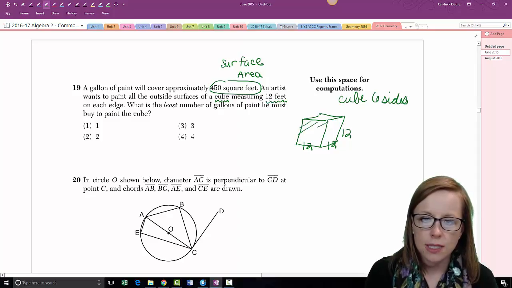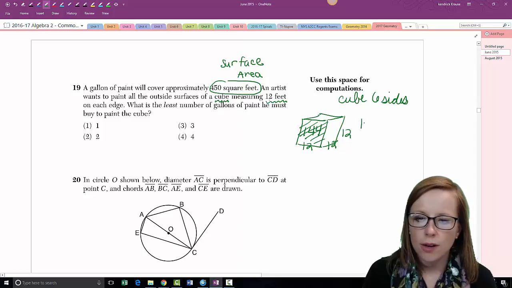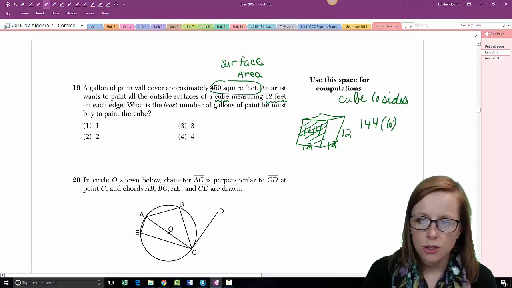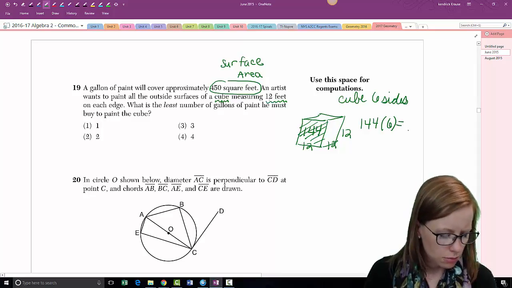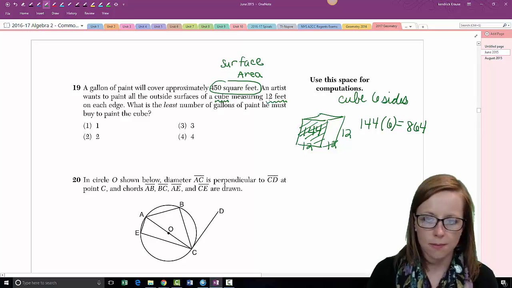So each of those 6 sides has an area of 144 square feet. So I have 144 times the 6 sides, which is equal to 864. So surface area is 864.